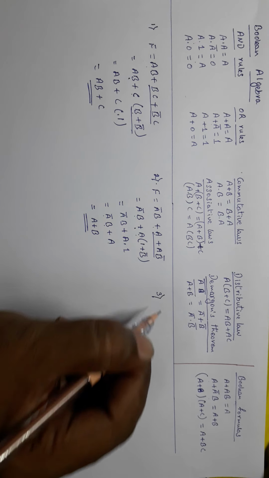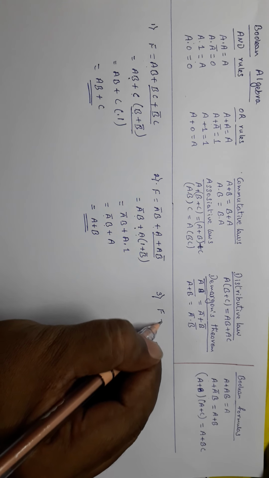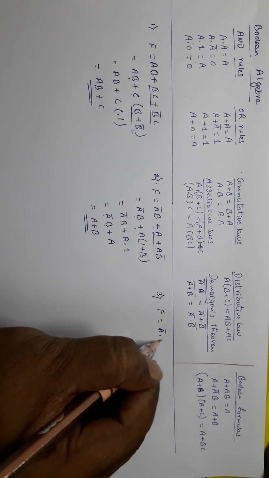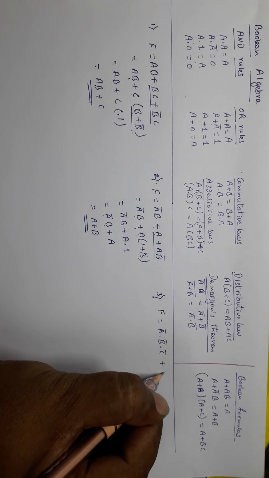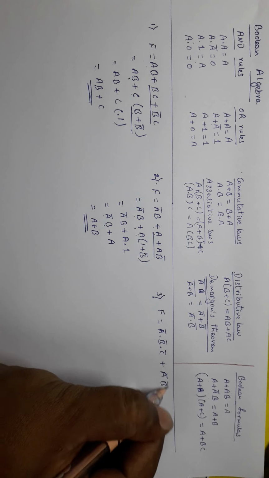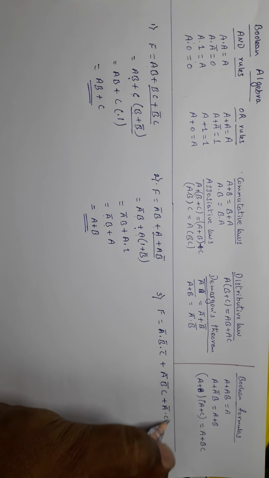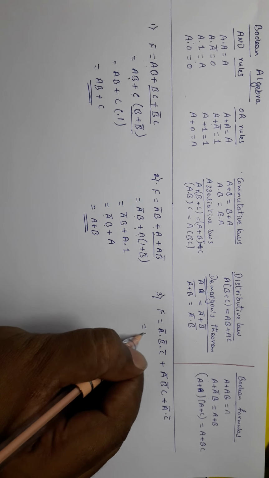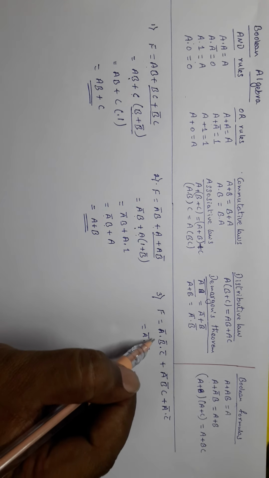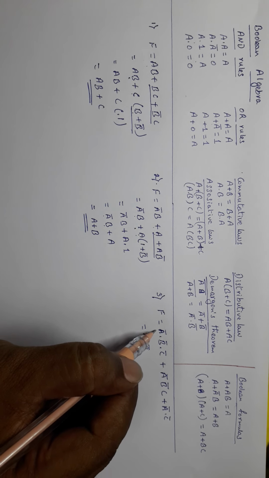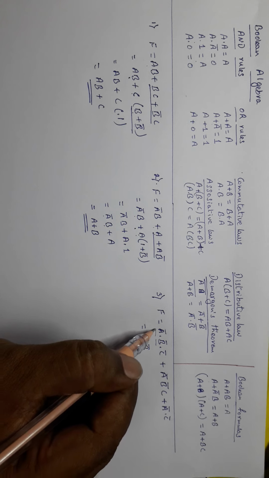Next, third example. F equals a complement into b complement into c complement plus a complement into b complement into c plus a complement into c complement. That's equals a complement into b complement. That means we can take the common in these two terms.